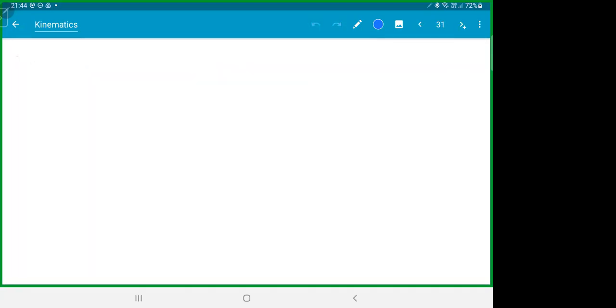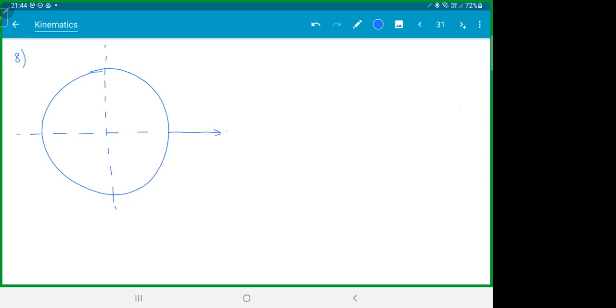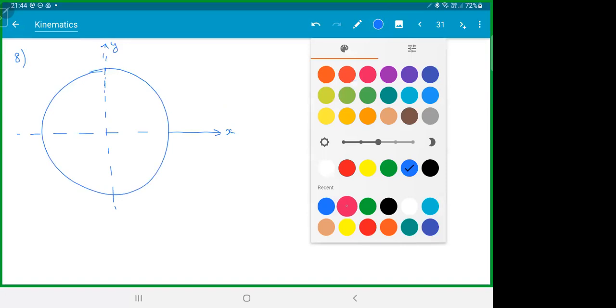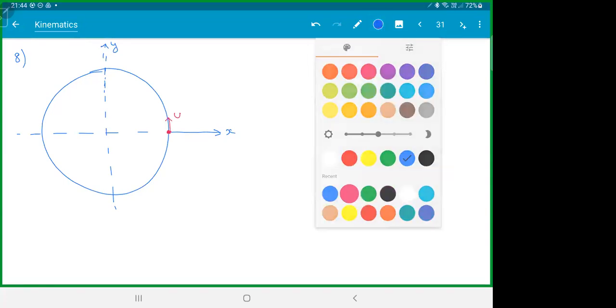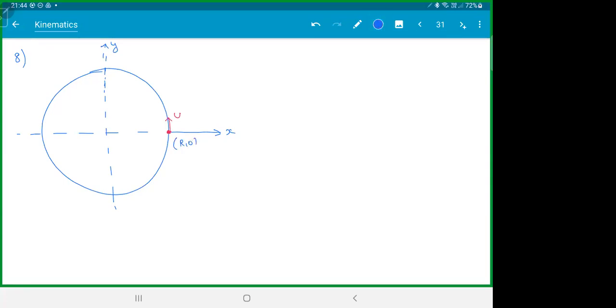Let's see a decent question. We have a particle going in a circle with speed u. So this is your x-axis, this is your y-axis. We have a particle here starting from r comma 0. At t equals 0, it is here.